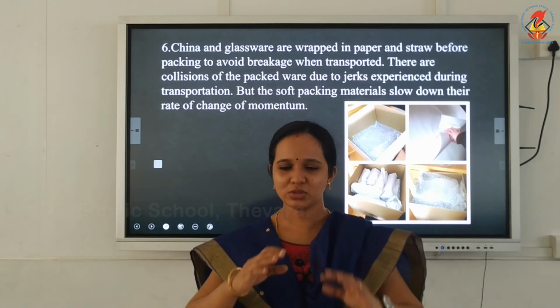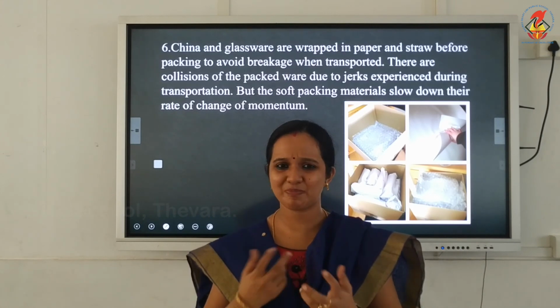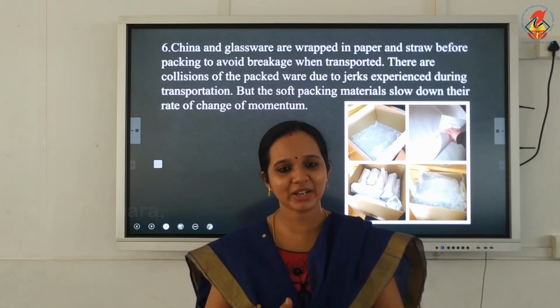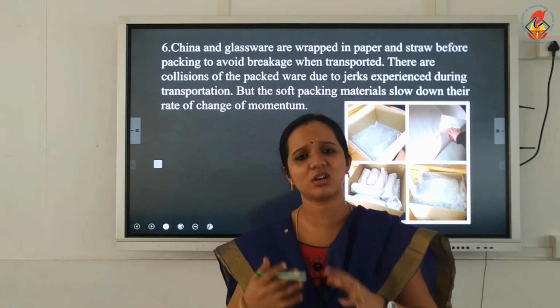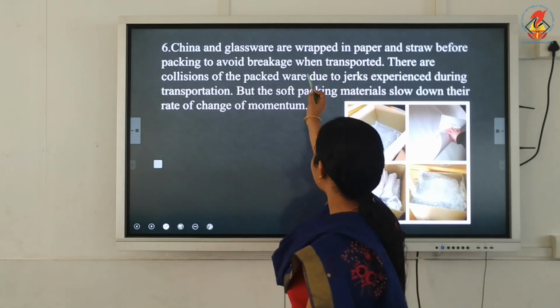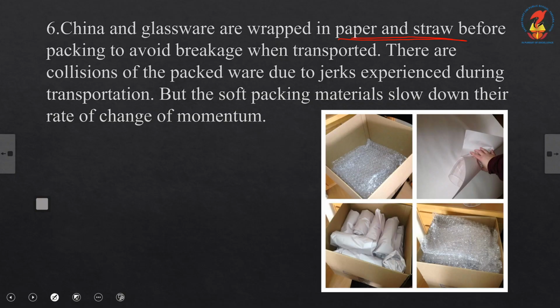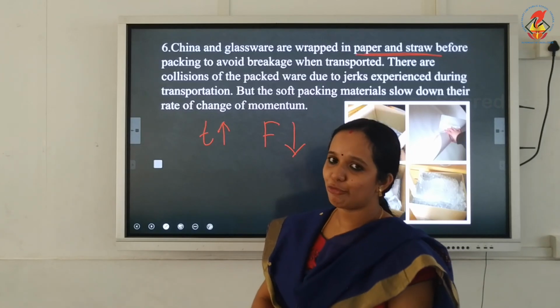Since it is wrapped in straw or paper, which are soft materials, if some collision occurs during transportation, these soft materials increase the time of collision, which decreases the force.